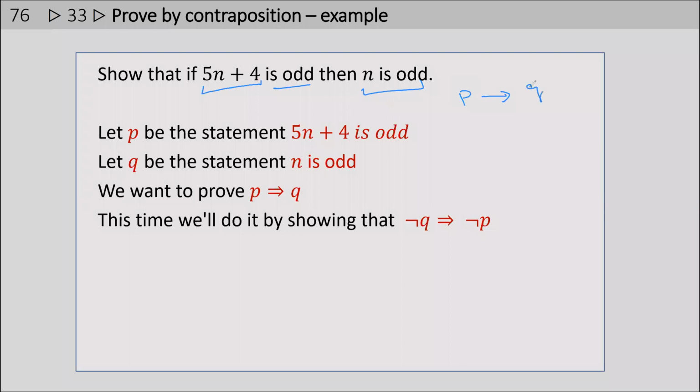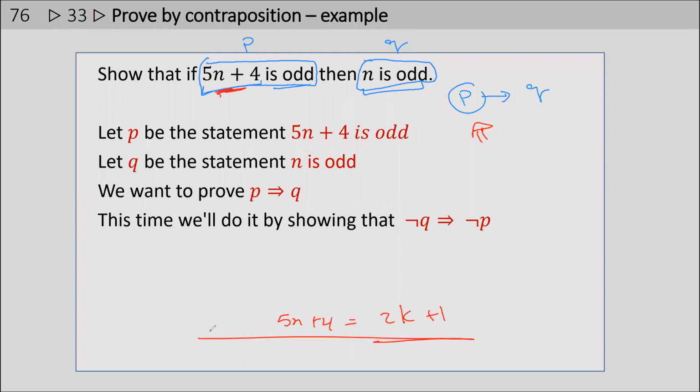P implies Q. مين ال P؟ ده ال P. 5n plus 4 is odd. ومين ال Q؟ ده ال Q. أنا متعود إيه؟ متعود إن الفرضية بتبقى بسيطة شوية عشان أستخدمها في حاجة معقدة وأثبت بيها اللي أنا عاوز أثبته. أنا عشان أمشي this way الفرضيه بتاعتي البريمس بتاعي حاجه معقده اصلا. لما اقول له 5n plus 4 is odd، يعني اقدر اكتبه على هيئه twice k plus 1. يعني اقدر اعمل ايه يعني؟ ما انا مش عارف.